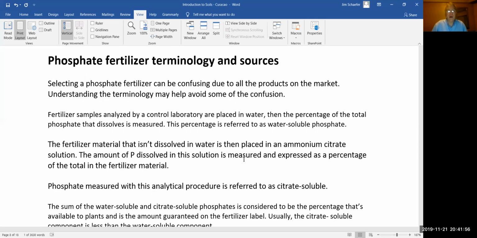OMRI utilizes that list as at least a starting point in deciding what raw materials can be used in organic agriculture. I have a PowerPoint that summarizes and explains the value of this list from the legal point of view in the world of agriculture. We can probably cover it in about 30 minutes, and we'll tack that on at the end.